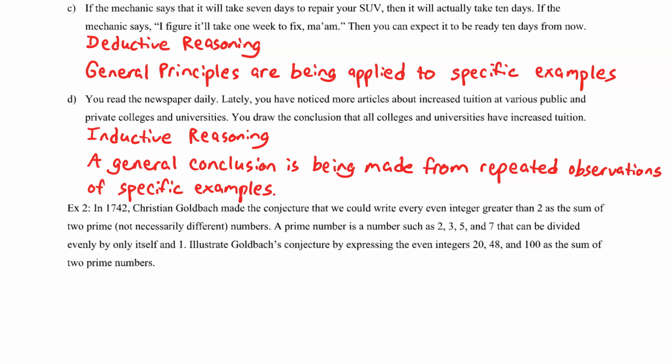A prime number is a number like 2, 3, 5, 7 that can only be divided by 1 and itself. So we want to illustrate this conjecture by taking the even integers of 20, 48, and 100 and writing them as the sum of 2 prime numbers. So that's our task.